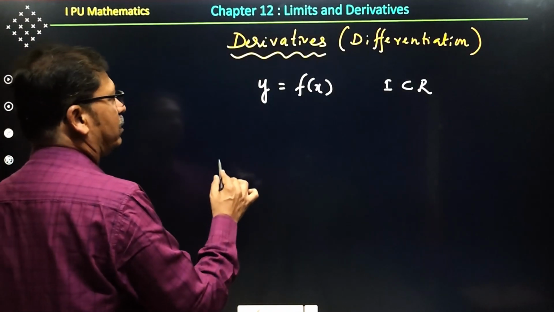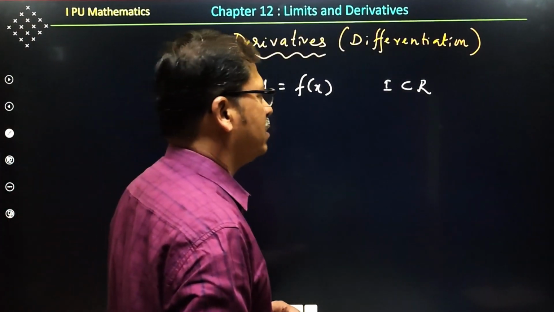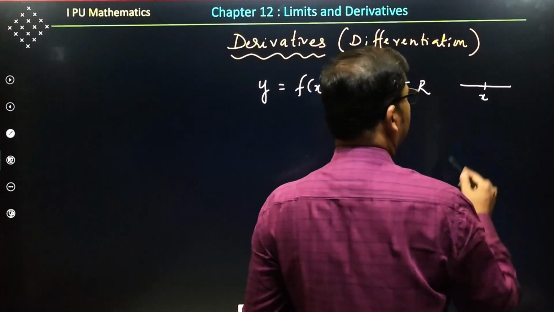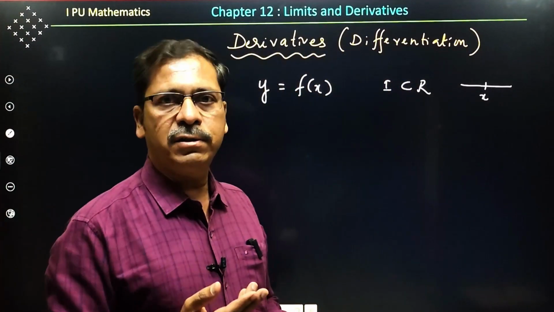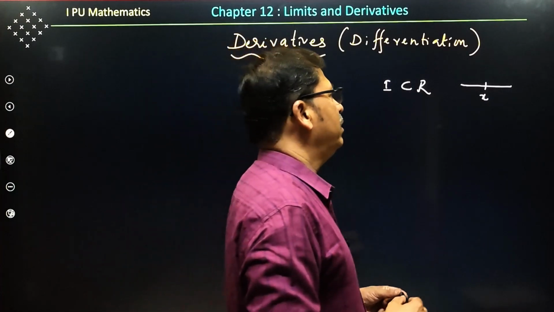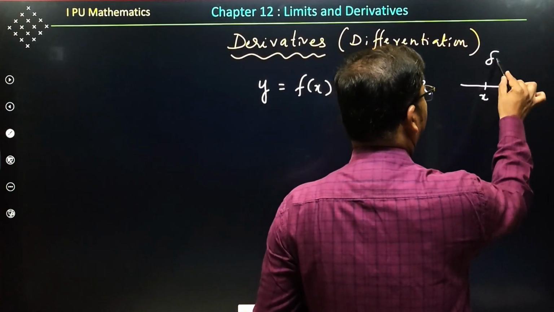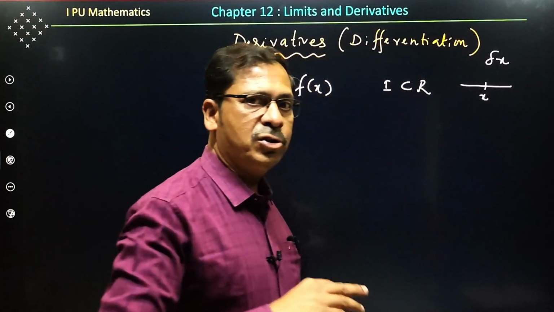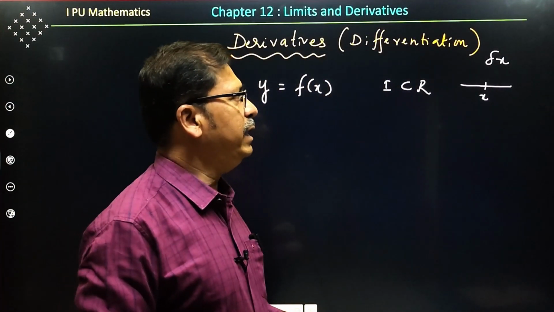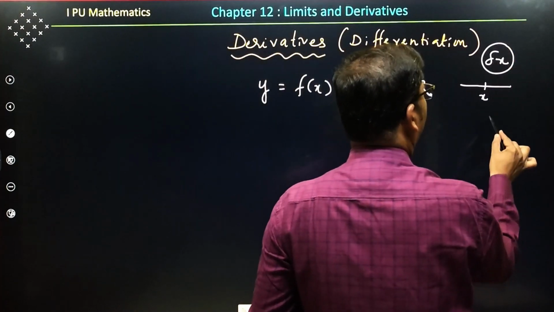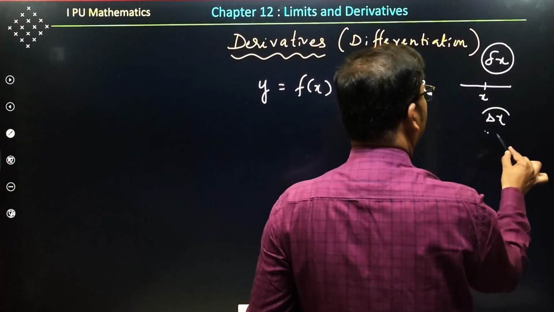Now if you take into consideration x, a small change in this x is represented by the symbol delta x, which is the increment.